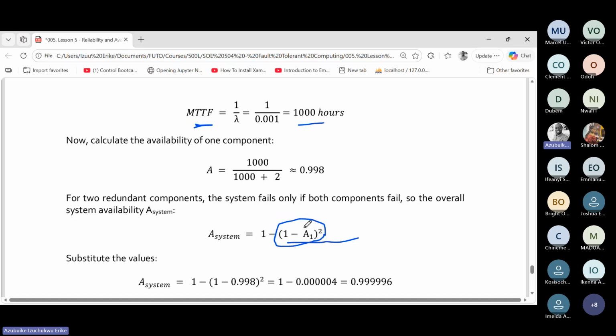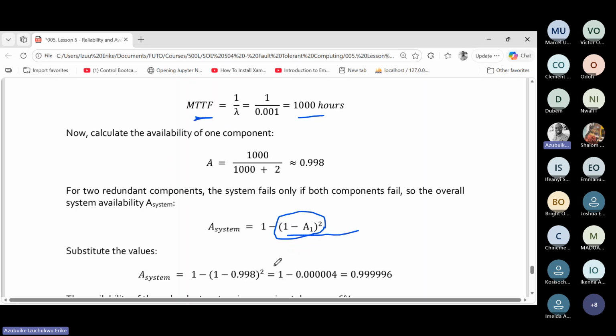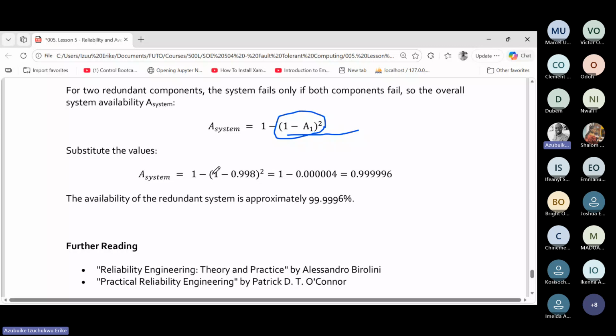When we finish computing this, we subtract it from 1, and we got this. So the availability of the redundant system is approximated to 99.9996%.